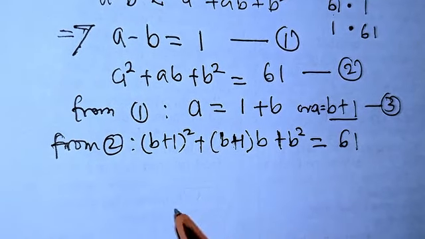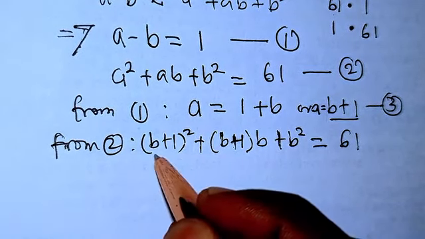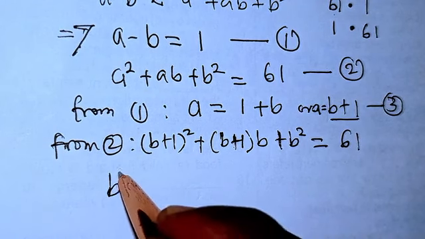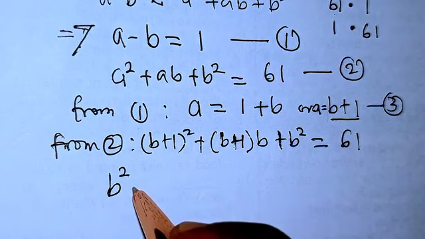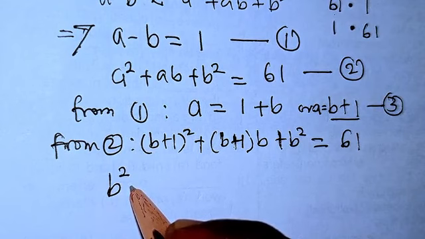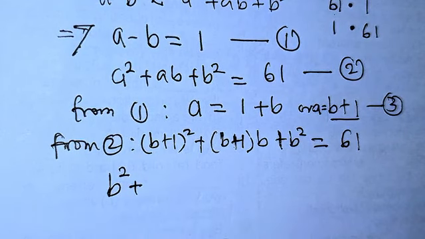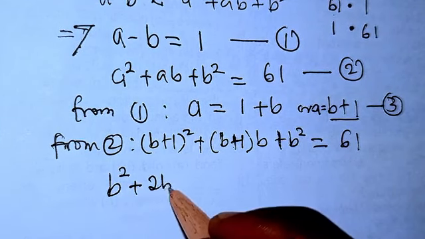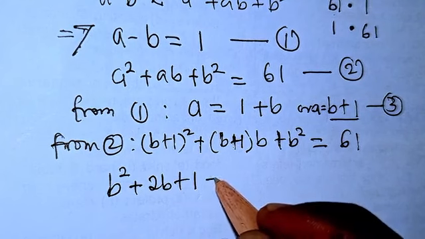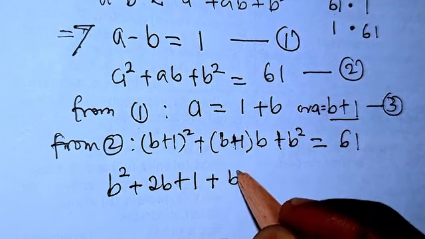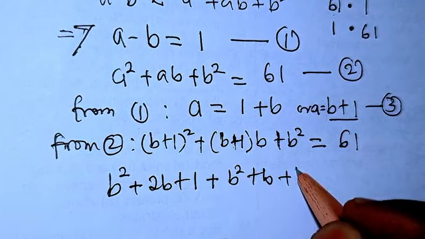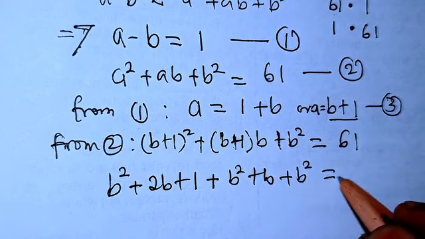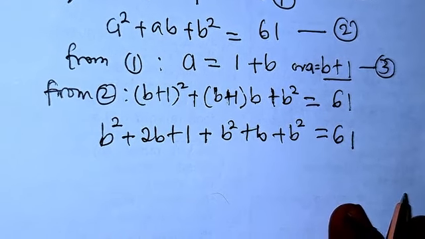So from there we continue, opening the brackets: b squared plus 2b plus 1, then b times the bracket gives b squared plus b, then plus b squared equals 61.